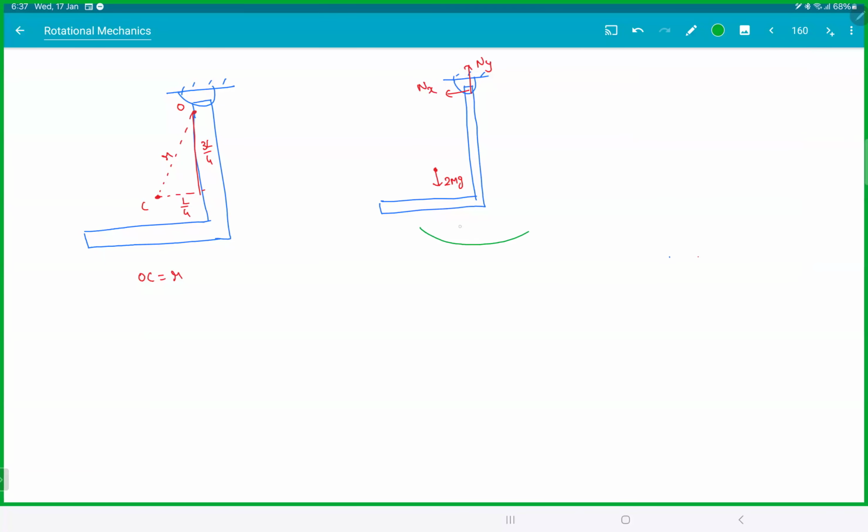Next thing, this whole setup is rotating with alpha. And on top of it, from the center here, there is one more force, centrifugal force, which is 2m omega square r. This is the centrifugal force on center of mass. If you're going in a circle, there will be a centrifugal force.